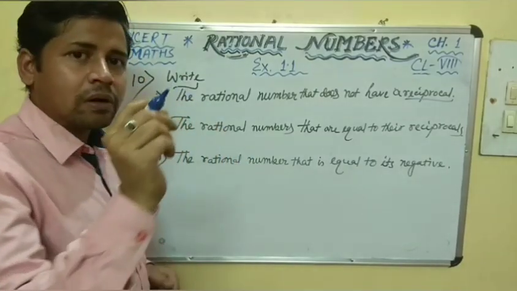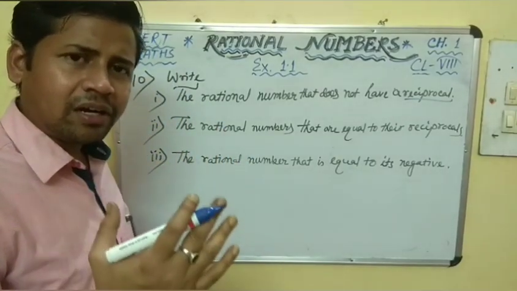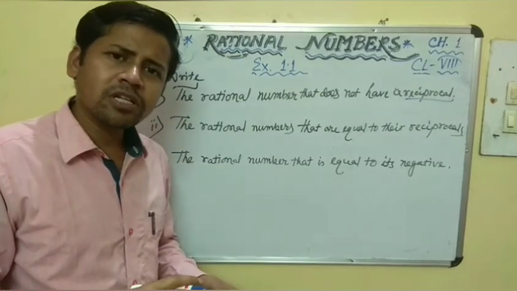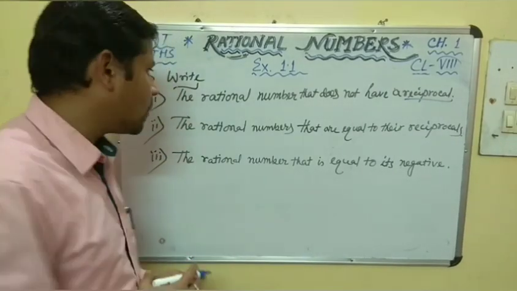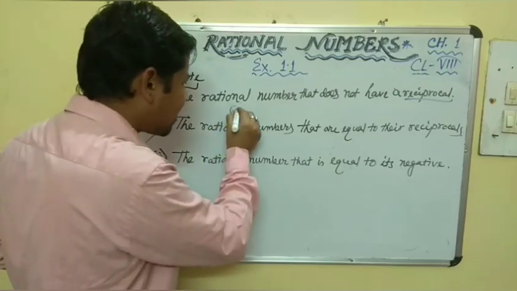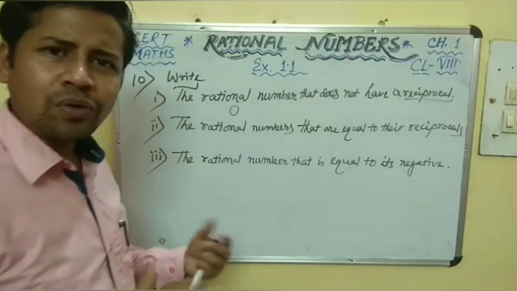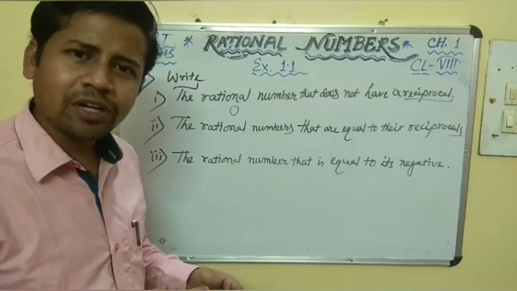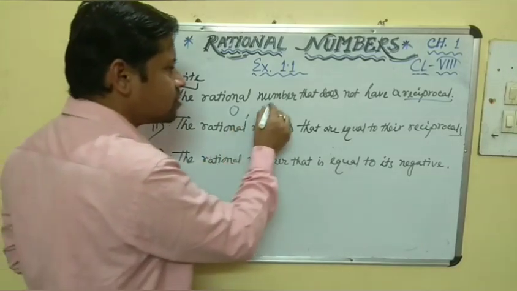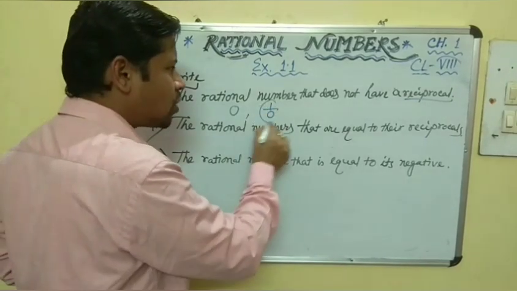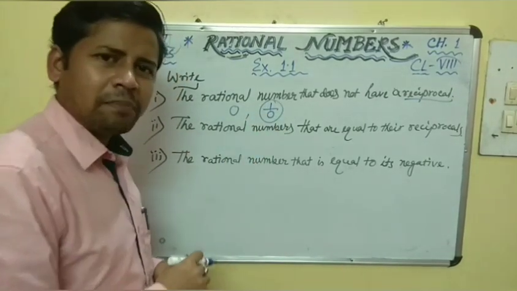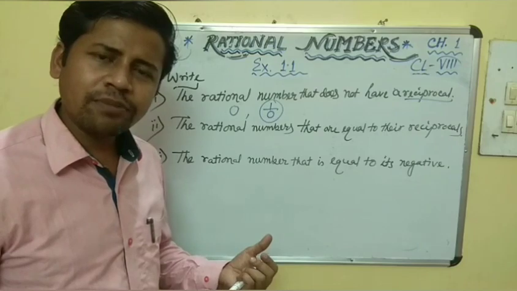Reciprocal means if a is a rational number, then the reciprocal will be 1 by a. You know that 0 is such a number which has no reciprocal, because the reciprocal of 0 will be 1 by 0.